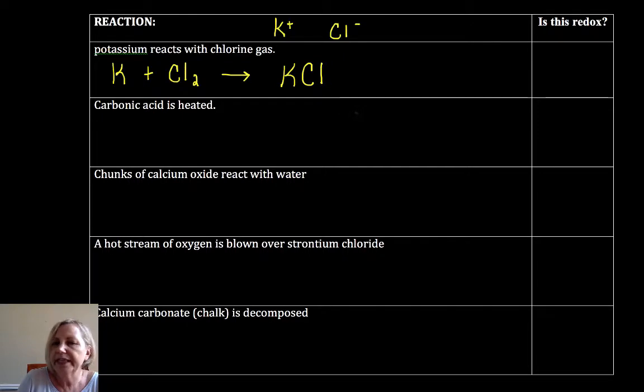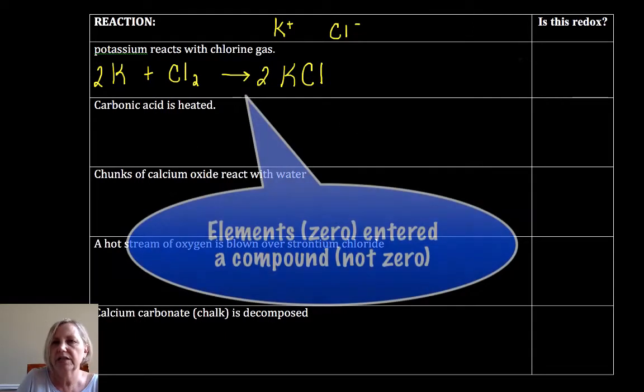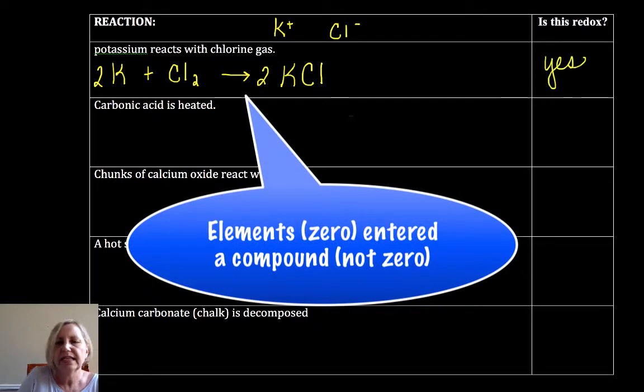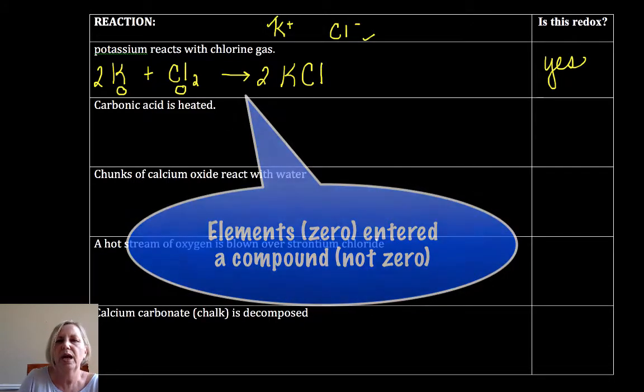It might help you to write those ions separately, and then we would need to balance it. So is this a redox? Well, whenever you have elements going into a compound, you know it's a redox. In this case, potassium 0 went to potassium +1. Chlorine 0 went to chloride -1.